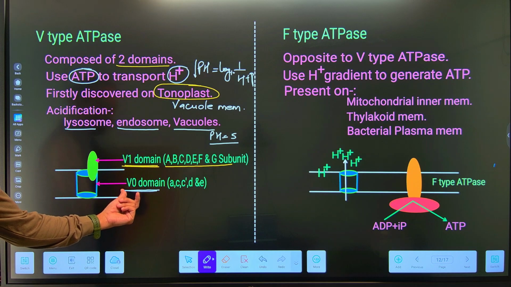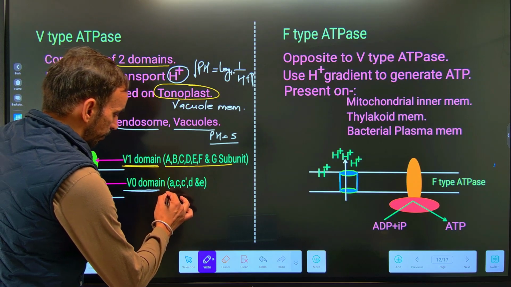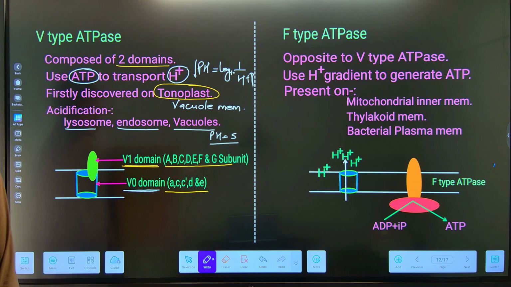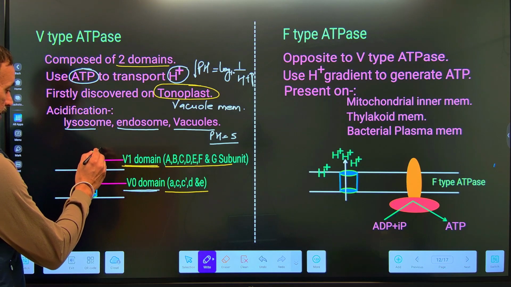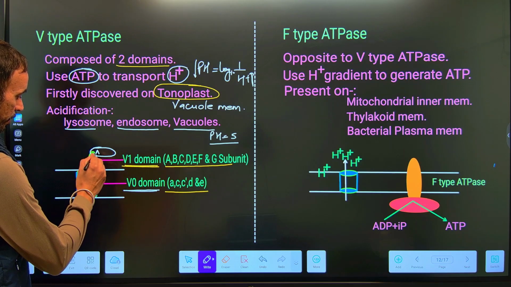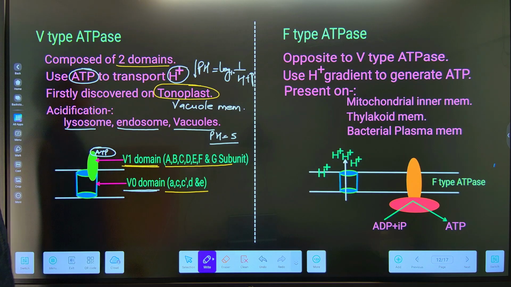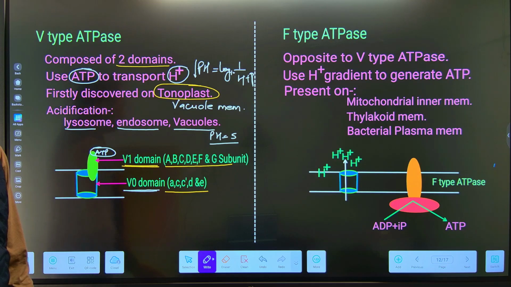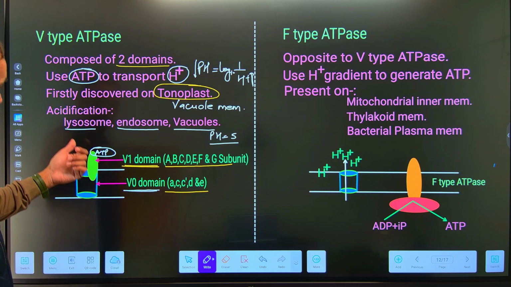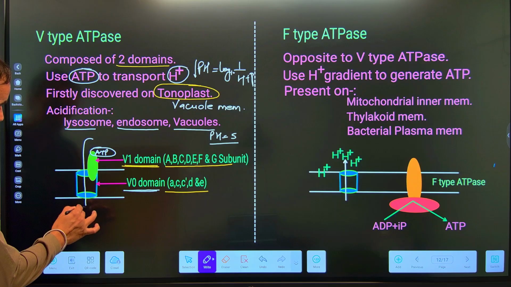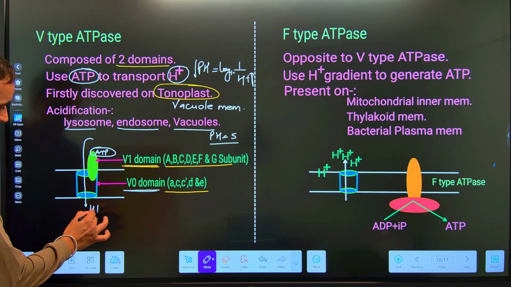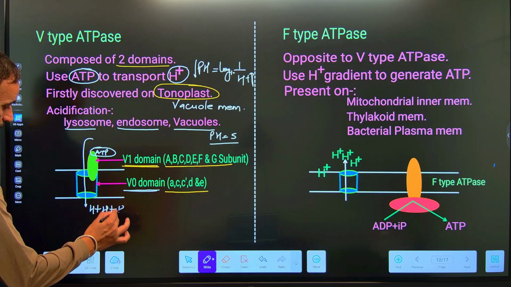While the V0 domain is made up of 5 subunits, that is a, c, c prime, d and e. Whenever there is a binding of ATP to the V-type ATPase, there is a hydrolysis of ATP, and by using the energy, it can transport the H plus ions against their concentration gradient.